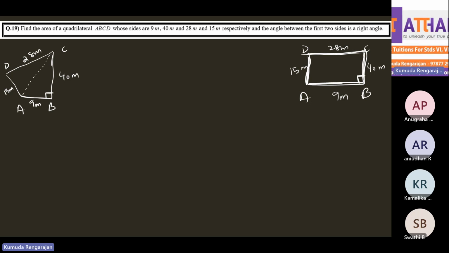See how the area of the triangle is easy to do. It was mentioned which triangle it is. And then what do we do? Half into base into height. You first mark the right angle.